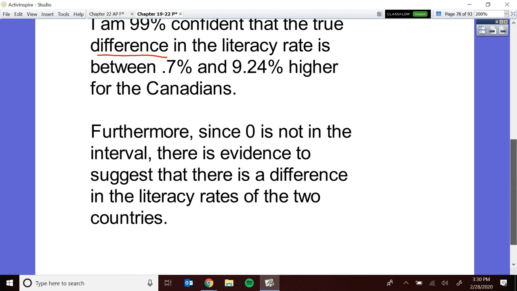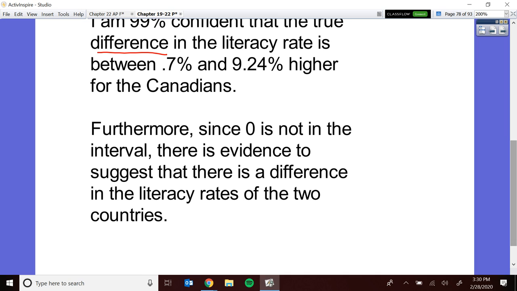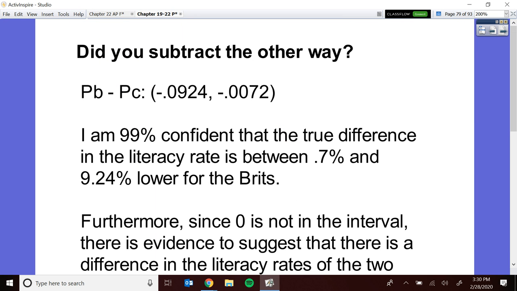And then here's the zero statement. 0 is not in the interval, so there is evidence to suggest that there really is a difference in the literacy rates of the two countries. Now, if you had subtracted the other way, the Brits minus the Canadians, then look at your interval. Yours is similar, but it's the negatives and it's the flipped order, but the conclusion is essentially saying the same thing.